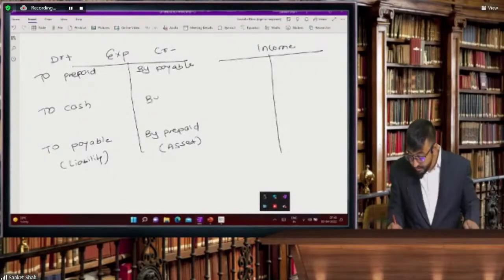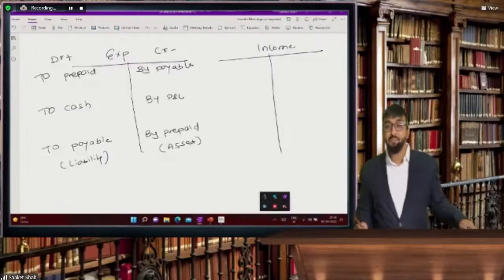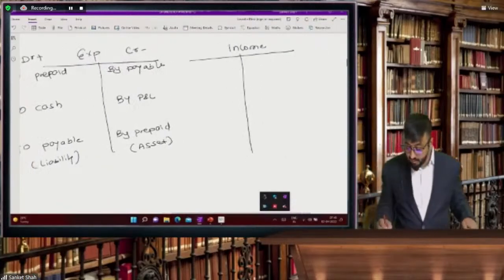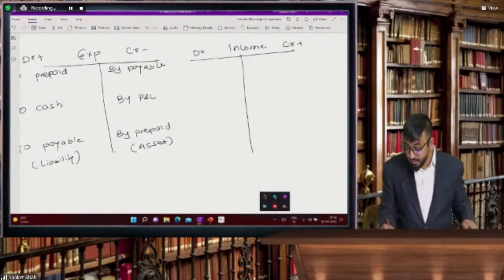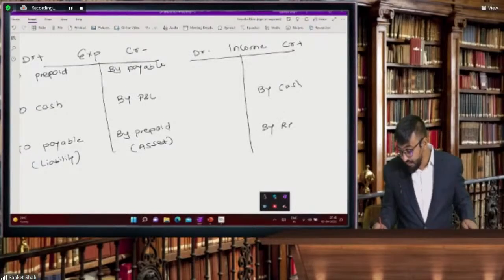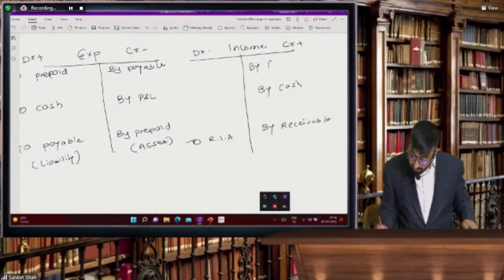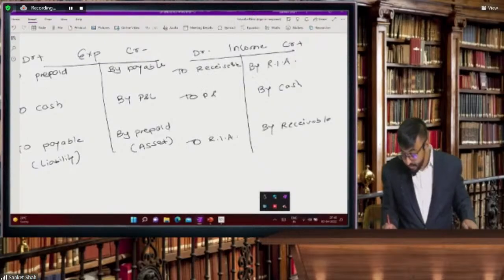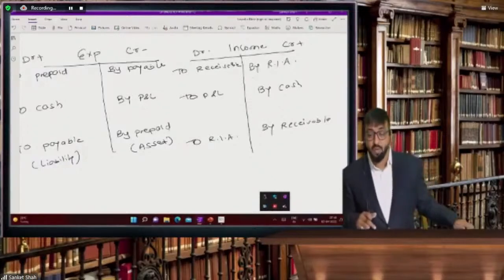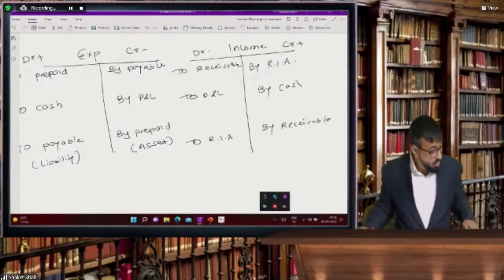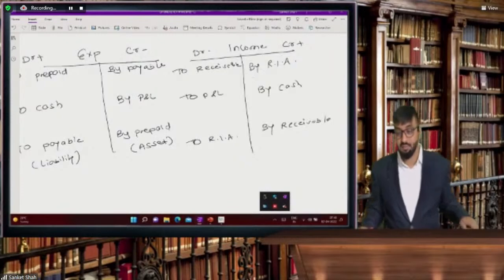And today revise these formats by P&L. Income: credit plus, debit minus, by cash, by receivable, to received in advance, by received in advance, to receivable, to P&L. Sir, minimum 5 times write this format today. Yes, you have to write this format minimum 5 times.